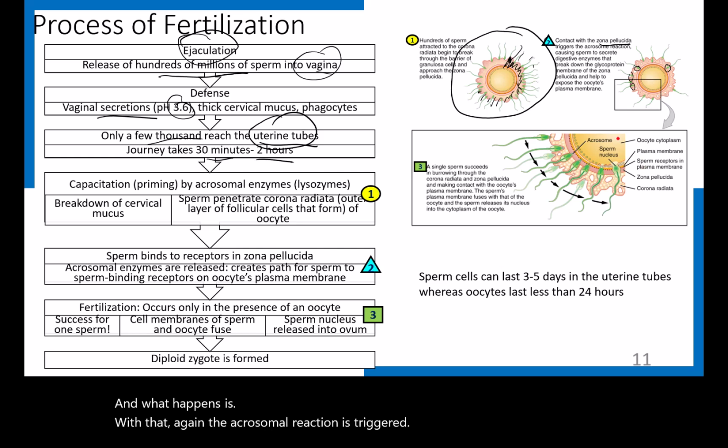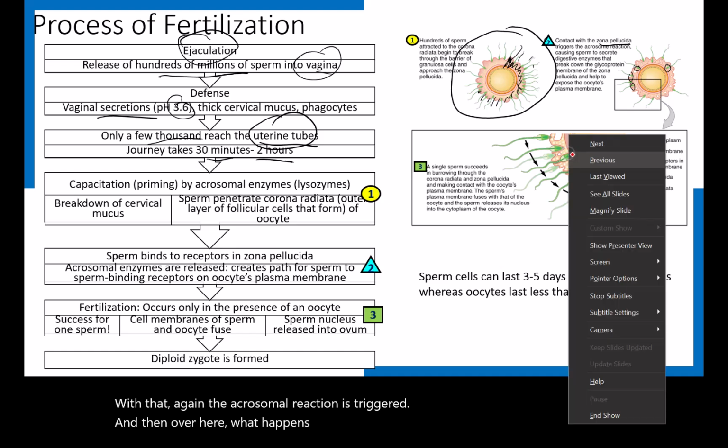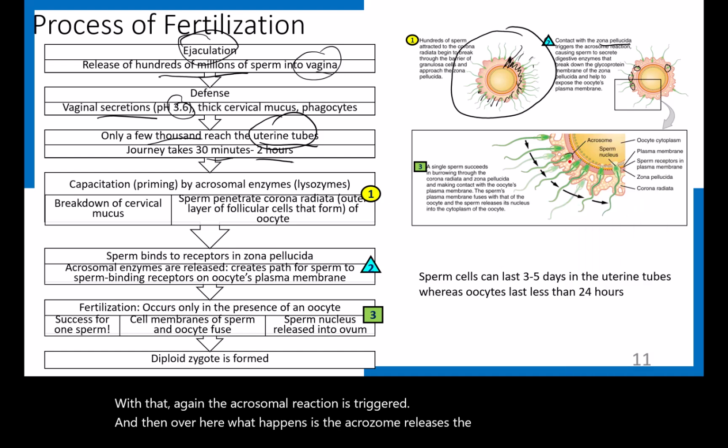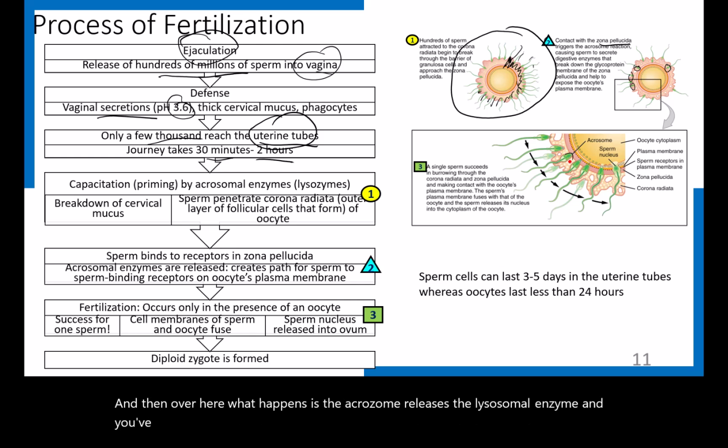And then over here, the acrosome releases the lysosomal enzyme, and you've got this penetration, right? In terms of fertilization, it's typical that only one sperm is successful, right? So success for one sperm.